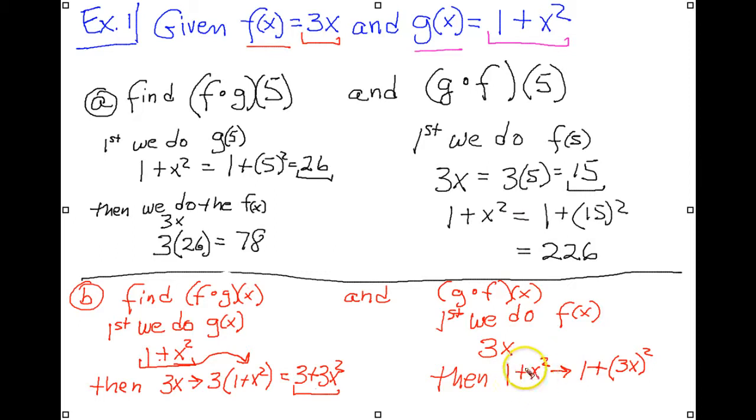Well, what did we say our x was here? Well, this was our x. So our x goes right where the x is. So we will square that. So we then get, let me write it here, 1 plus, now 3 squared is 9, and then x squared.